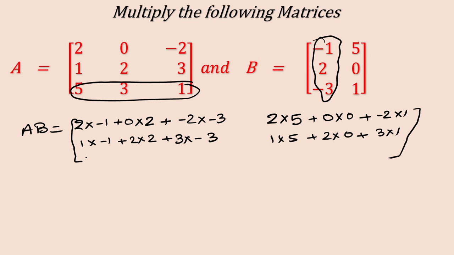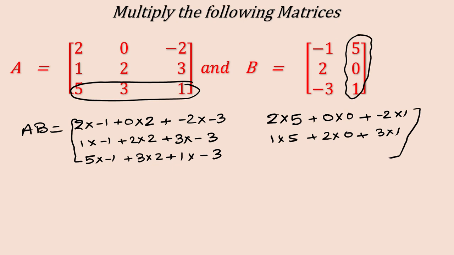So this is 5 multiply by minus 1 plus 3 multiply by 2 plus 1 multiply by minus 3, and last we will multiply the third row and second column, means 5 multiply by 5 plus 3 multiply by 0 plus 1 multiply by 1.